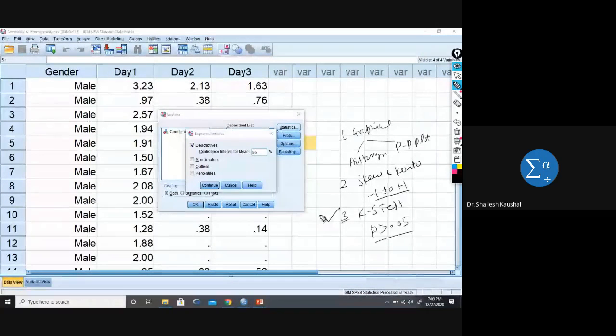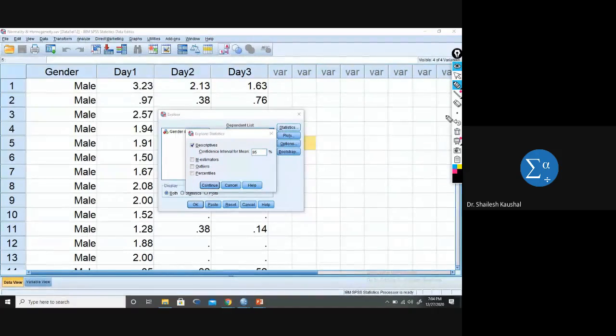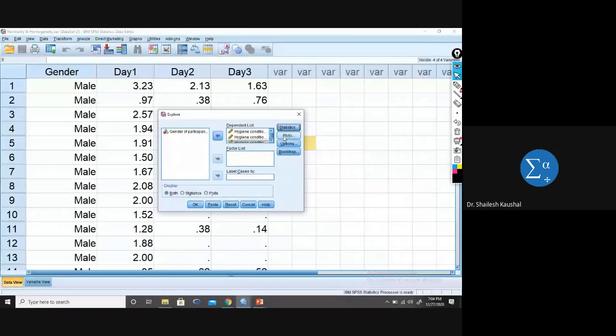Through this descriptive statistics we will get the values of skewness and kurtosis. For the graphical display, the next command is plots. When I click plots, descriptive is ticked by default, continue, and then plots.